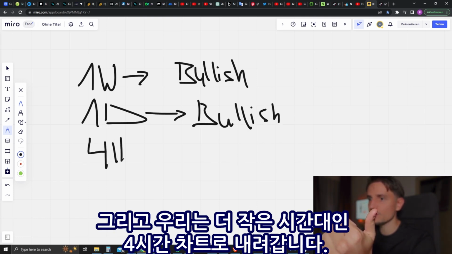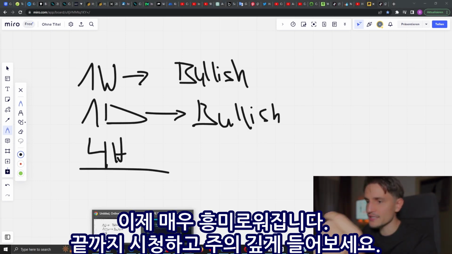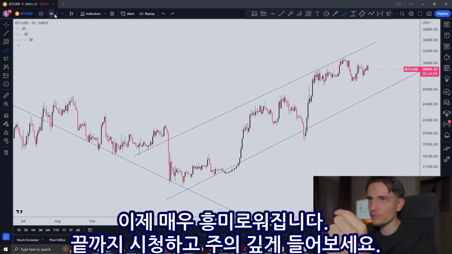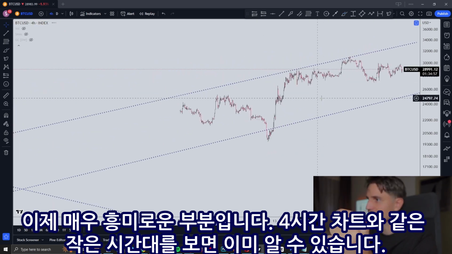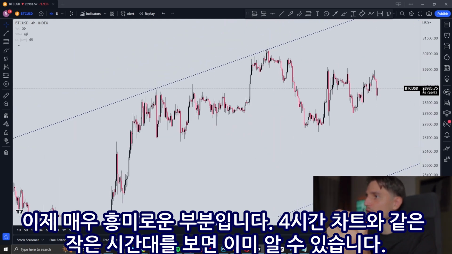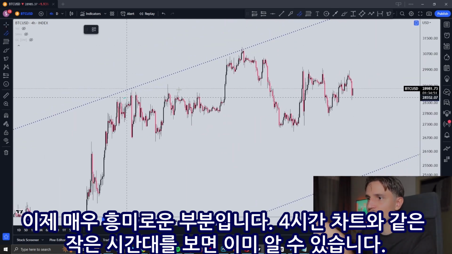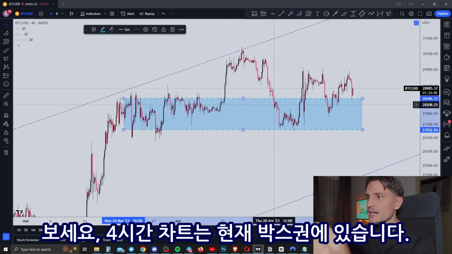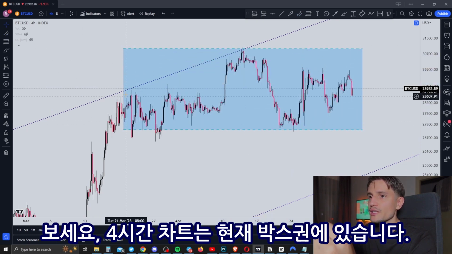And then we go down into the smaller time frames, like for example the 4-hour time frame. Now it gets very interesting, so make sure to listen and watch until the end, guys. If we are looking on the smaller time frames like the 4-hour, for example, we can already identify that, look at this, guys, the 4-hour time frame is currently consolidating.